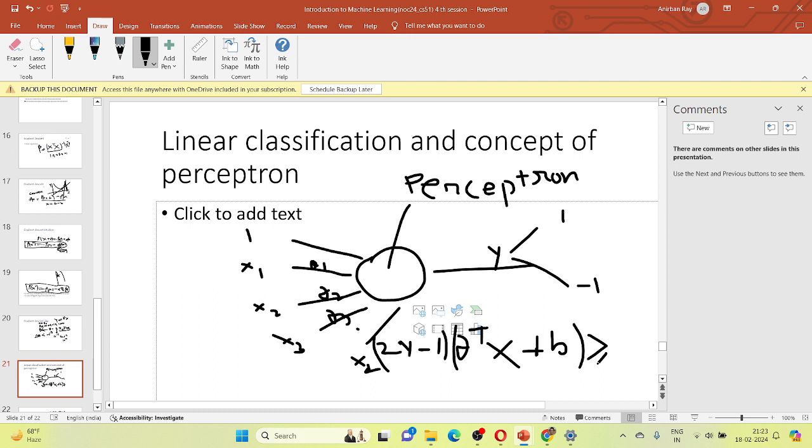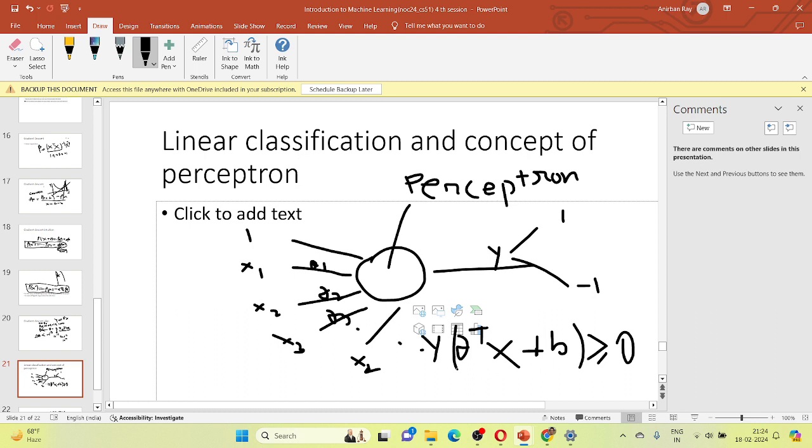The idea is that if theta transpose x plus b is greater than 0, then y should give the value 1.